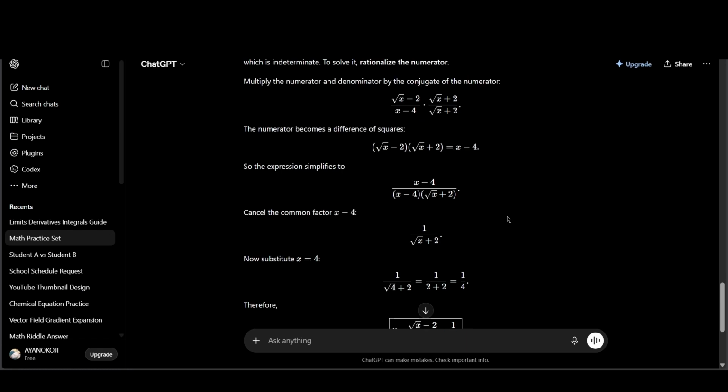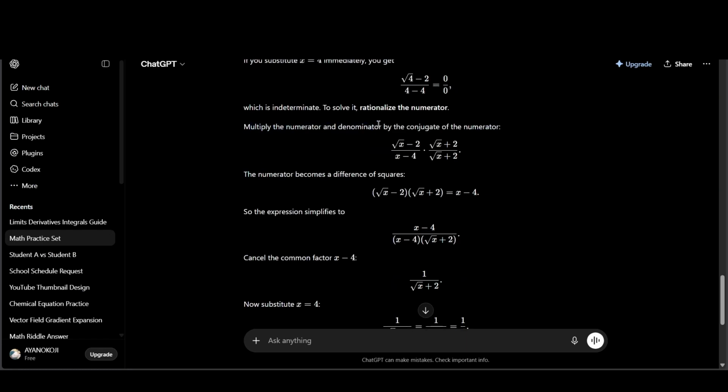Multiply the numerator and denominator by the conjugate of the numerator. Oh my God! What? What are you talking about?